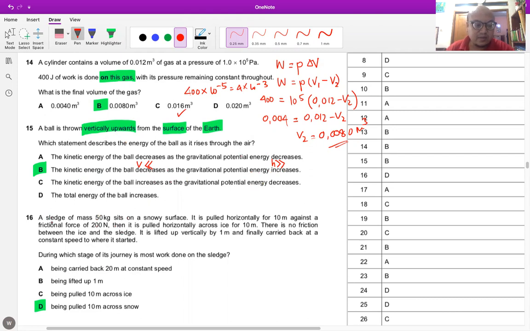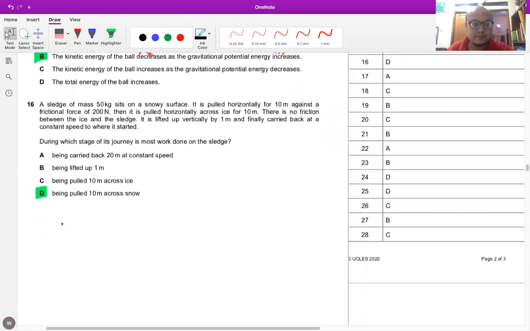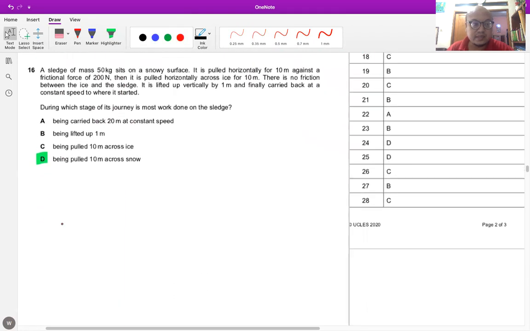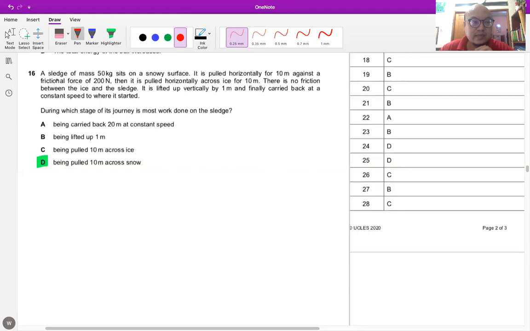Okay, now question 16. The answer is D. A sledge of mass 50 kilograms sitting on a snowy surface is pulled horizontally for 10 meters against a frictional force of 200 Newton. Then it is pulled horizontally across ice for 10 meters.